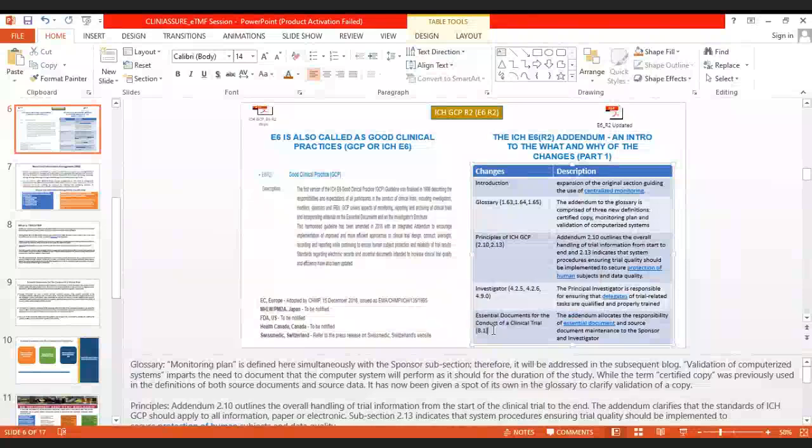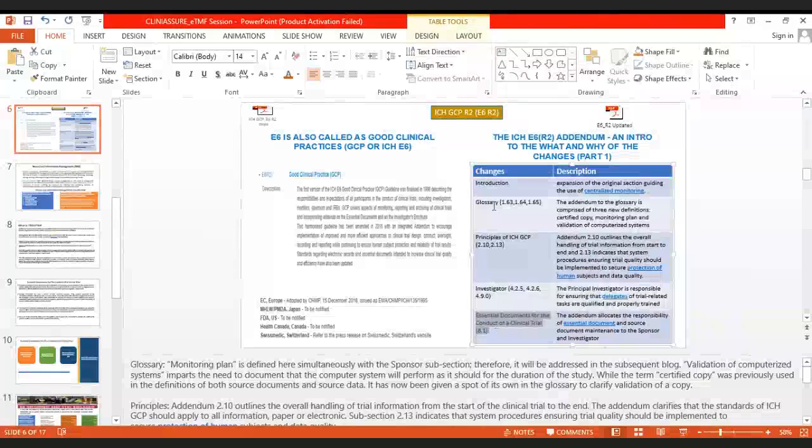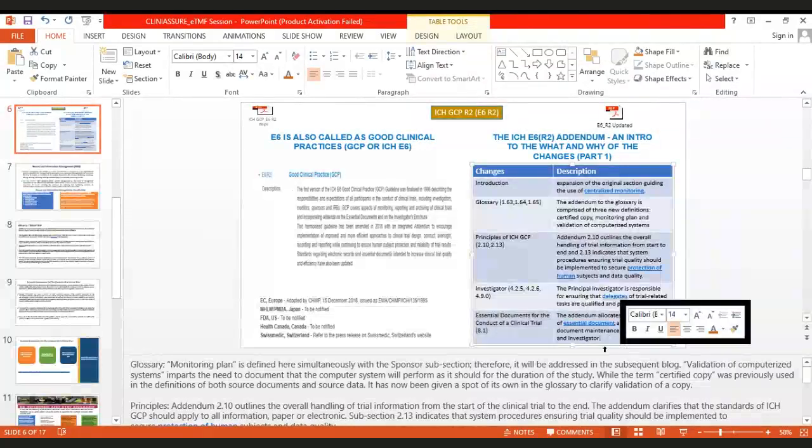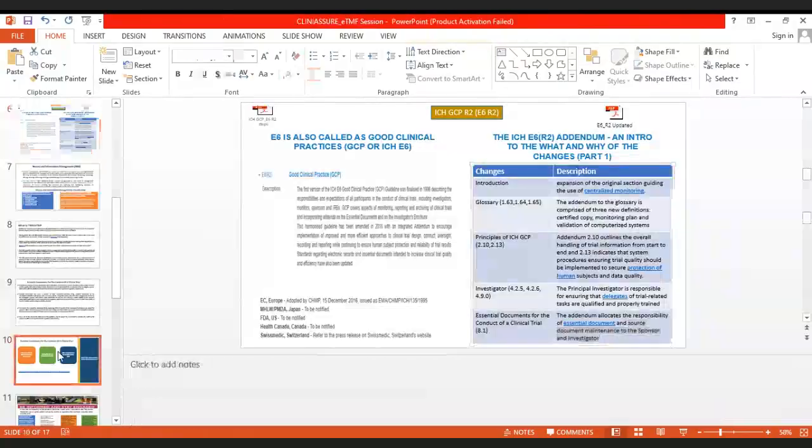See here, it mentions essential documents for the conduct of a clinical trial, 8.1. So these are the changes and these are the change descriptions: an addendum on the allocation of responsibility for essential documents, and the source documents are maintained by the sponsor and investigator.